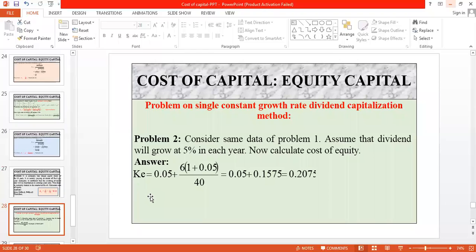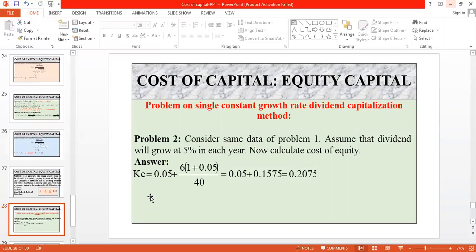Now we have already solved the problem when the dividend is constant. Now we will see how your result will change if the dividend is growing at a constant rate.